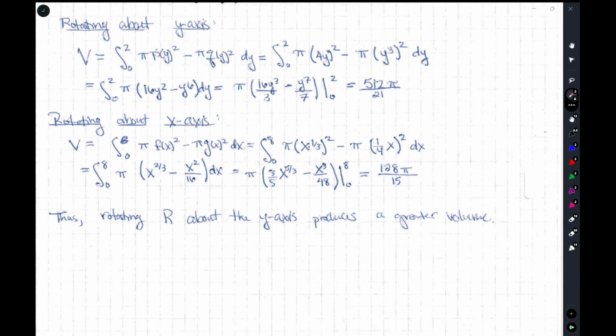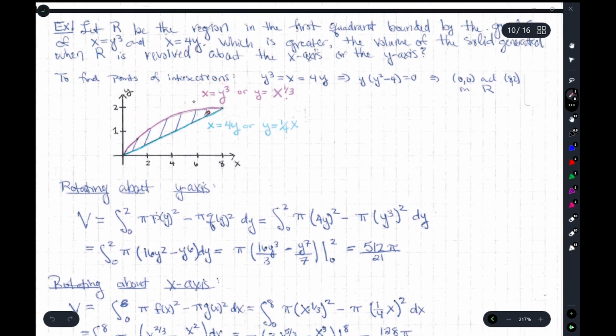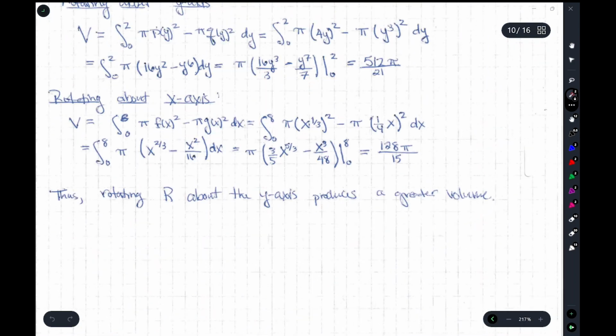If we want to do that, again, we'll have to solve for both of these curves now as functions of x. So instead of x is equal to y cubed, we'll get y is equal to x to the 1/3, and we'll get y is equal to 1/4 x for the bottom function.